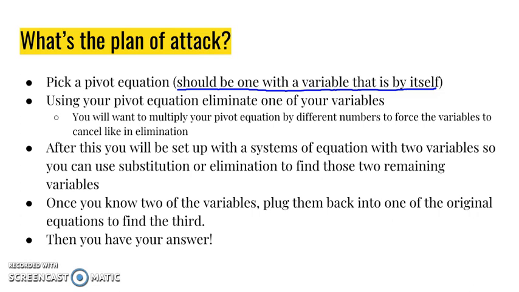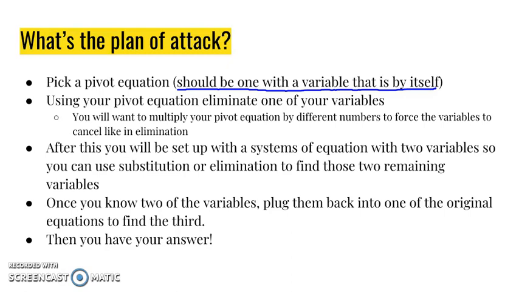But what's going to happen when I eliminate one of those variables is it's going to give me something that's going to be like, say I eliminate my z's, it's going to be an x and y equals something and an x and y equals something. So once we get it to that point, we've created a system of two equations with two variables.